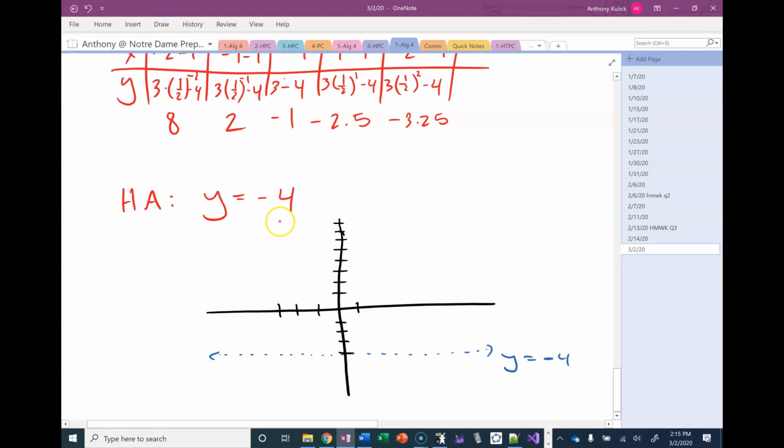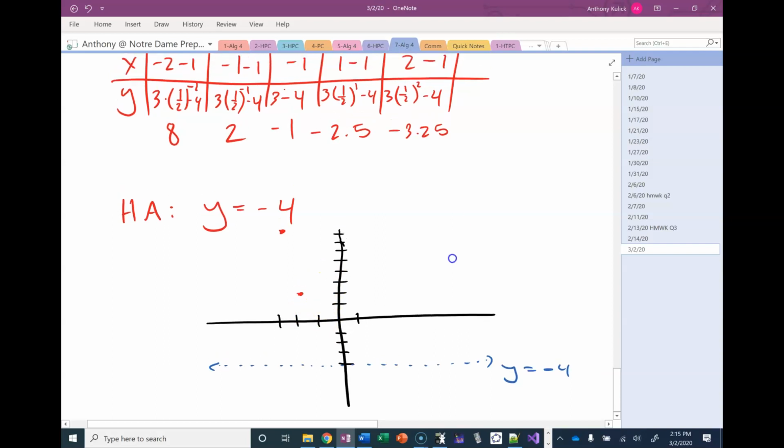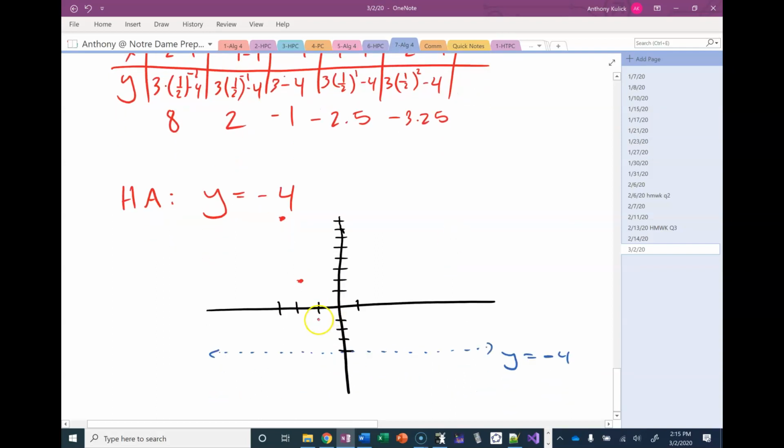So -3, 8. -2, 2. -1, -1. Then I have 0, -2.5. And then I have 2, -3.5.